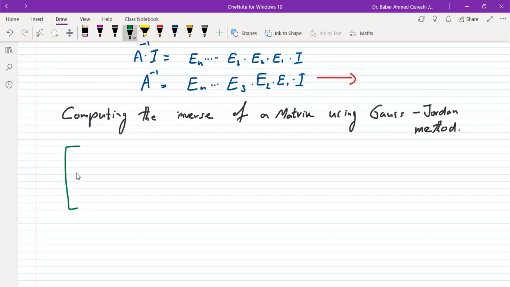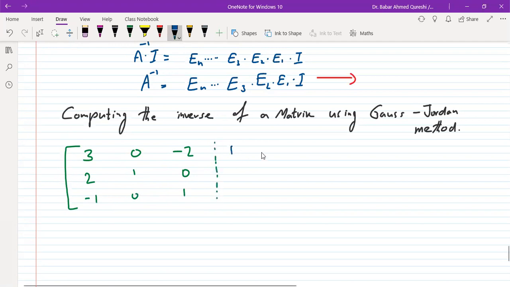So suppose I want to find the inverse of this matrix. 2, 1, 0 and -1, 0, 1. What I'll do, I'll write an identity on this side.